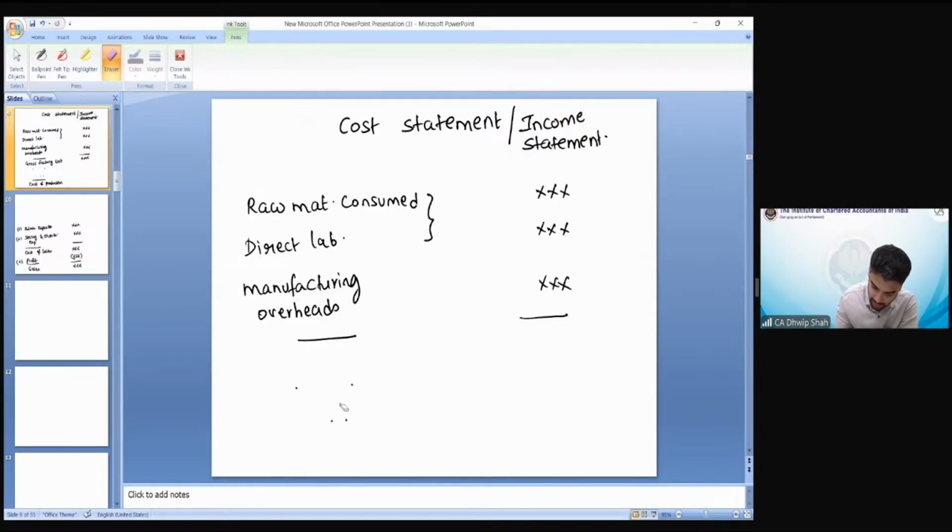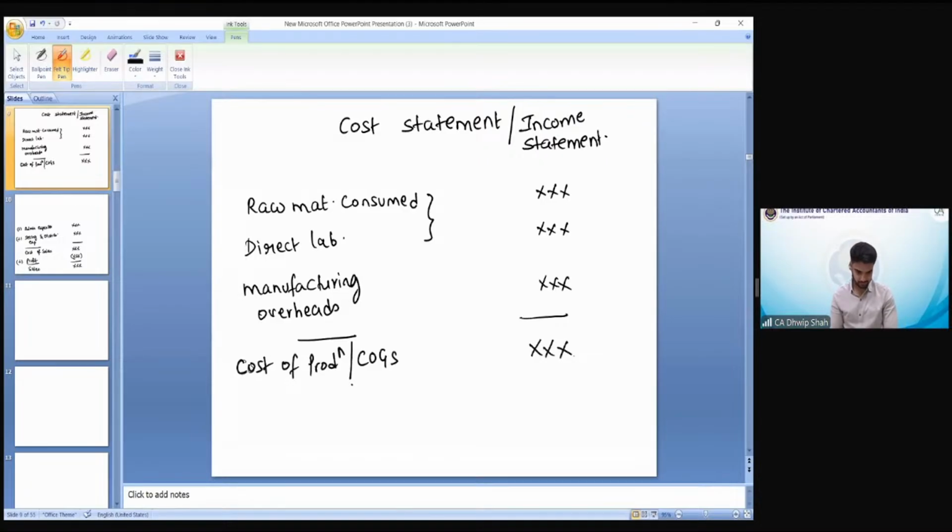So this becomes my cost of production. Cost of production, in short, is denoted by COP. And cost of goods sold is denoted by COGS. Then you have admin expense.